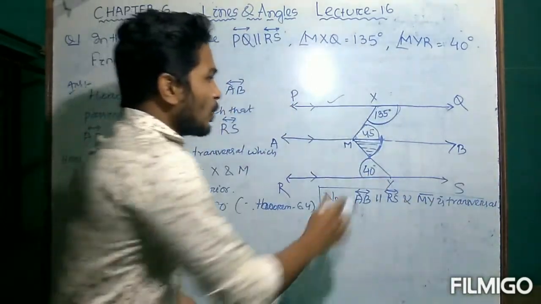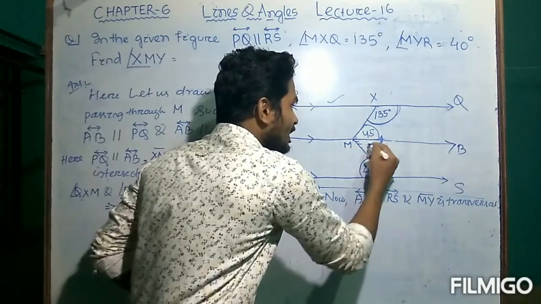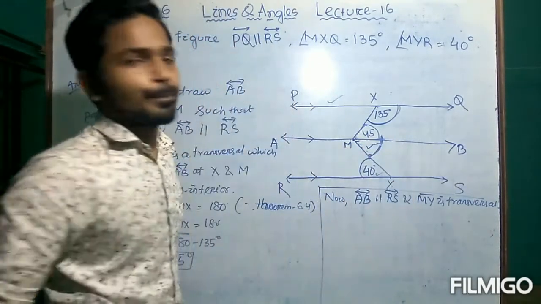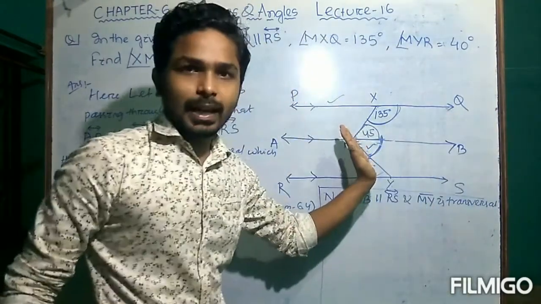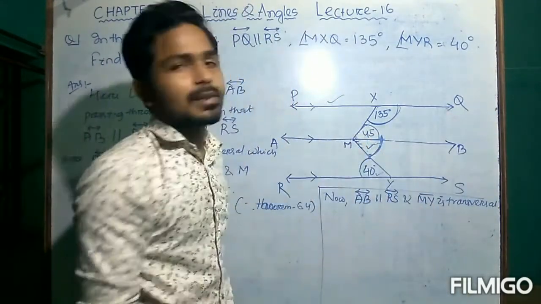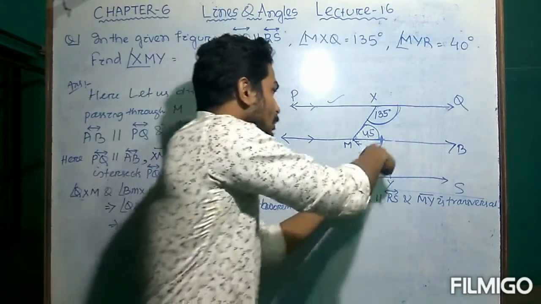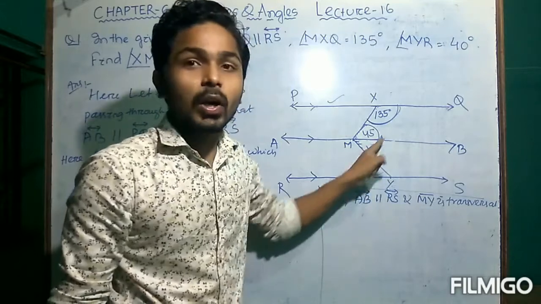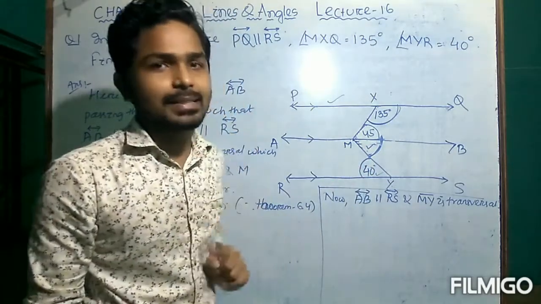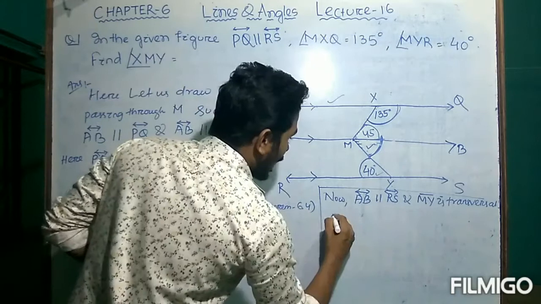Now, tell me, what is the relationship between this angle and this angle? This angle lies on this side of the transversal line and this angle lies on the other side of the transversal line, right? And they both are interior. So, these two angles are known as alternate interior angles. Okay?